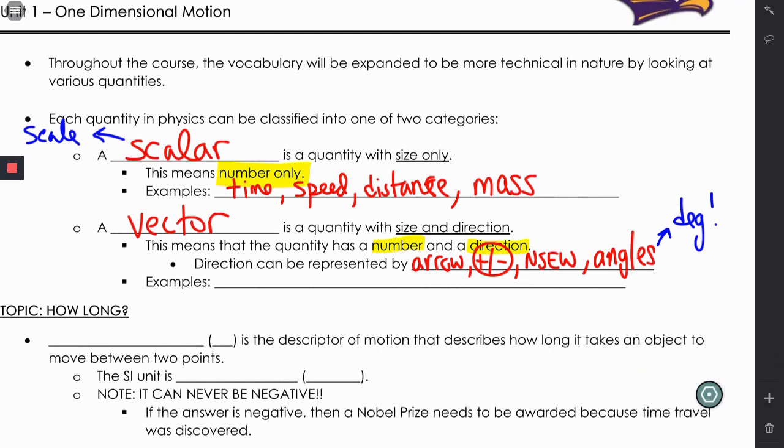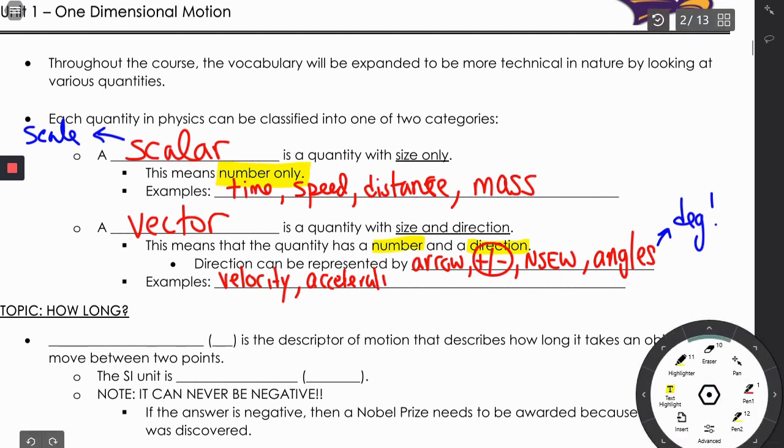Some examples of vectors, which you saw briefly when we talked about it: velocity, acceleration, displacement. And forces are also vector quantities.